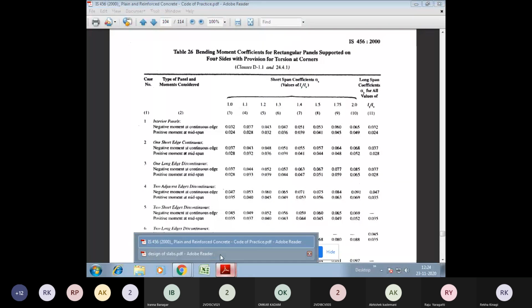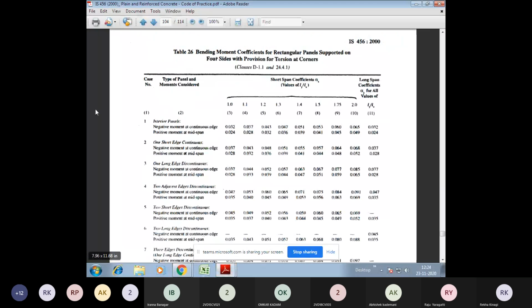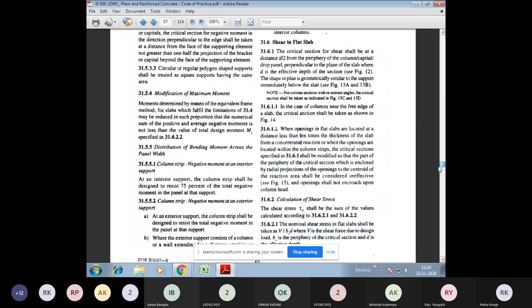Once we are done with the details given, we need to decide the depth of the slab. In order to find that depth, again we are going to proceed with the span to effective depth ratio.